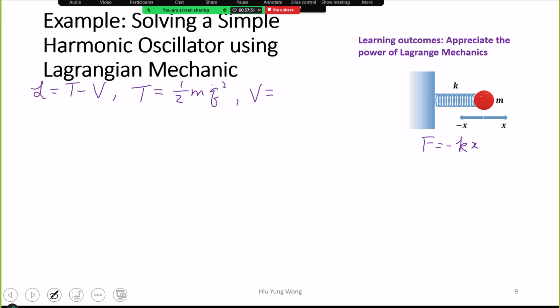Do you remember the potential energy for a mass attached to a spring with Hooke's constant k? No, that is the force, minus kx. Yeah, half k x squared, very good. So instead of x, I would say half k q squared, right? So here I would say x equals q.